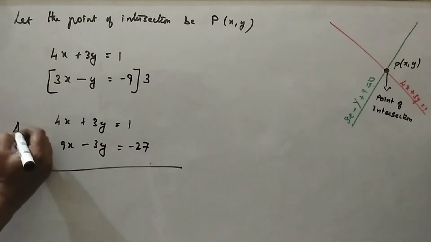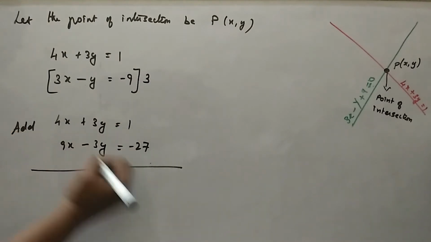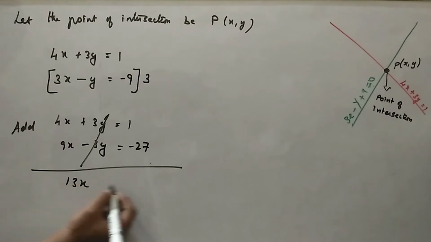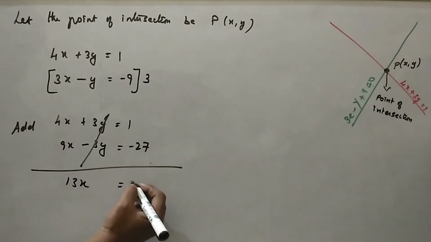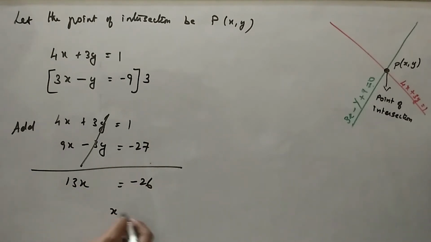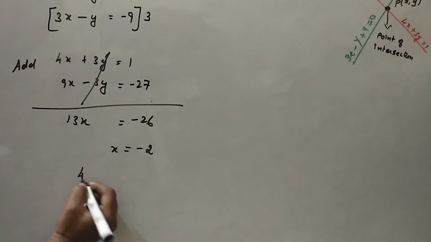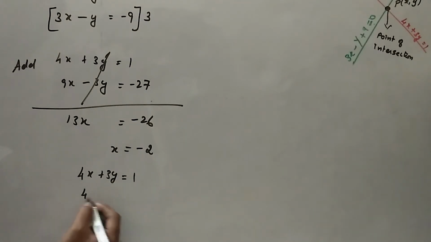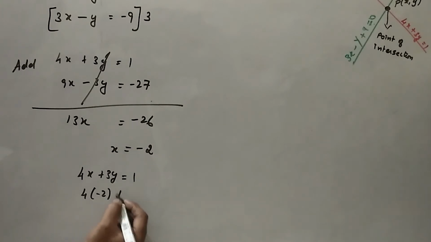Now, add these two equations. So, these two get cancelled. 9 plus 4, 13x is equal to minus 26. x is equal to minus 2. Now, we have to find the y value. So, 4x plus 3y is equal to 1. 4 into minus 2 plus 3y is equal to 1.